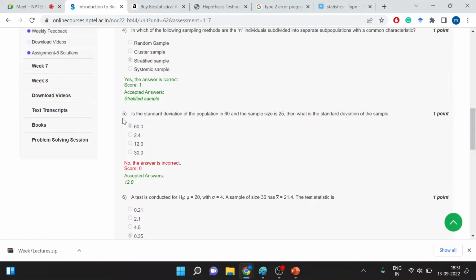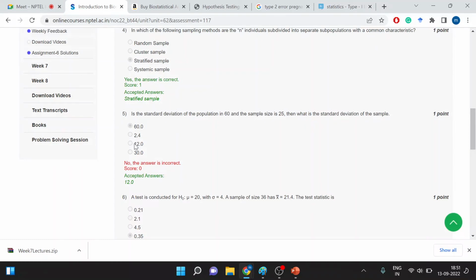It will be nearly about 60, right? But in the answer key we got after submission, it is telling that it is 12. So is it correct or not?